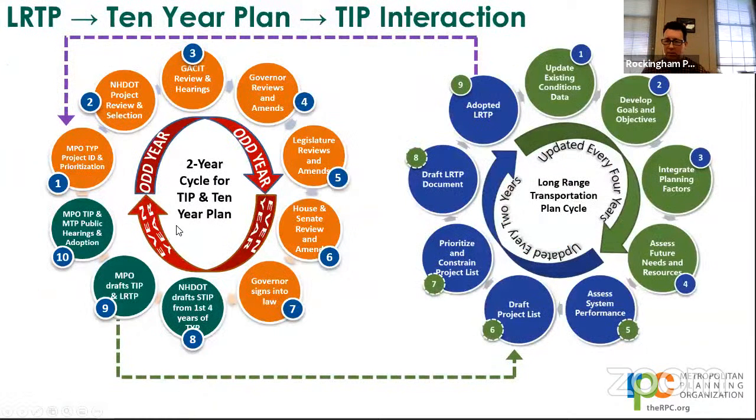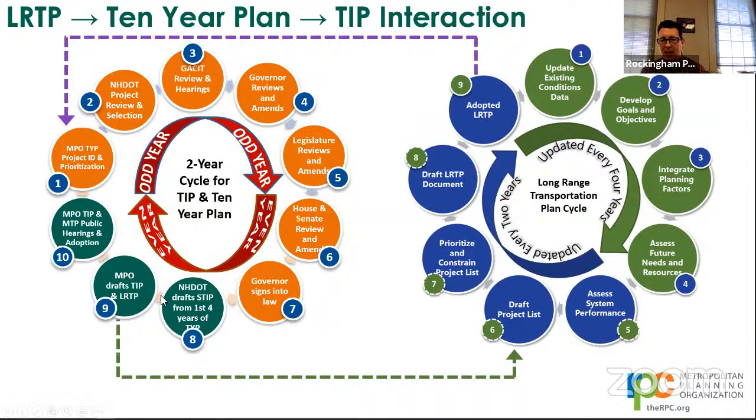So kind of how those two different cycles overlap is that the projects that are in our adopted long-range plan form the basis of the projects that we propose for the state 10-year plan. So we take all those projects in our long-range plan and we prioritize them and say, okay, out of all our projects in our long-range plan, these are our top priorities for the 10-year plan.